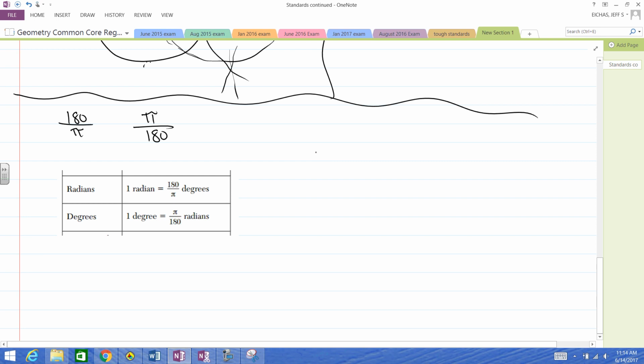All right, so we have to define what radian measure is.